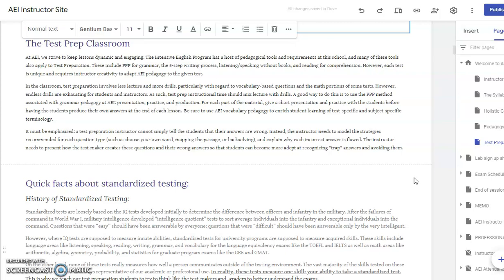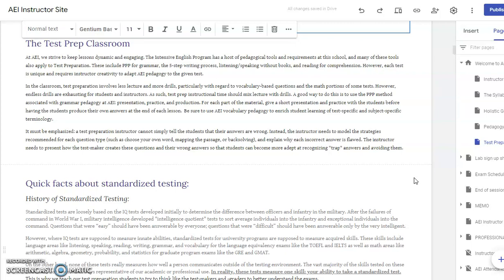However, endless drills are exhausting for students and instructors, so test prep instructional time should mix lecture with practice and production, the drills. A good way to do this is to use the PPP method associated with grammar pedagogy.